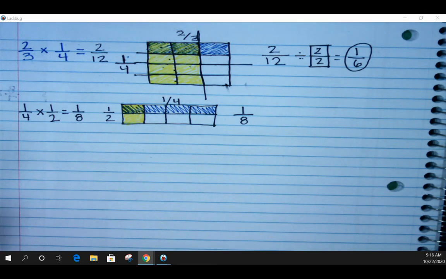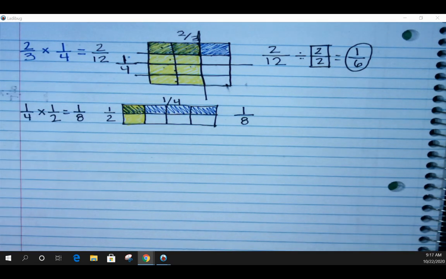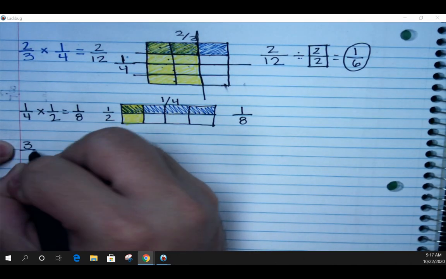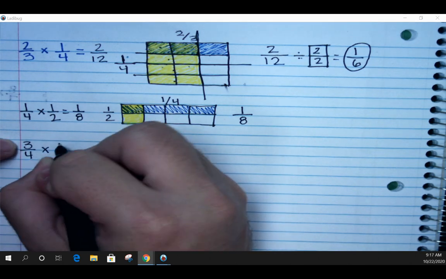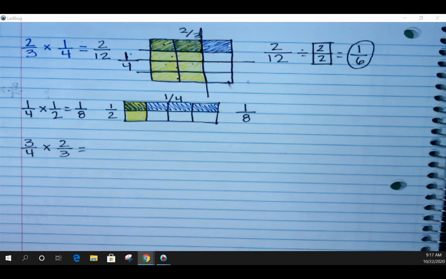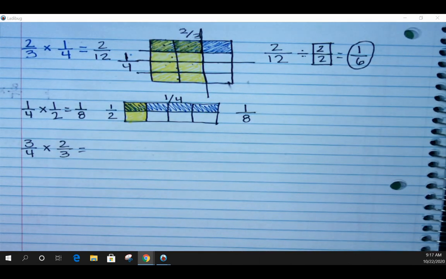I did one with a different numerator. Let's try it. Let's do different numerators and see if it works every time. Let's do 3/4 times 2/3. Bryson's onto a theory here. But if we're going to make a rule, then it has to work every time.